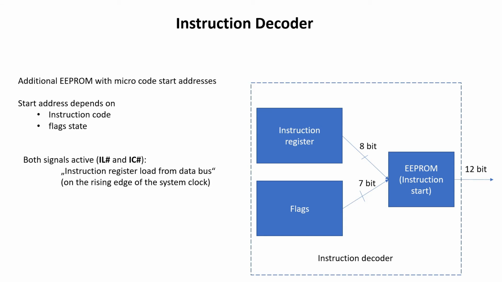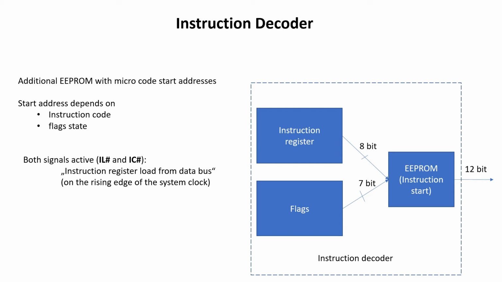The instruction register is always loaded as soon as both signals, say IL and IC together, are active, and that is always the case on the rising edge of the system clock.